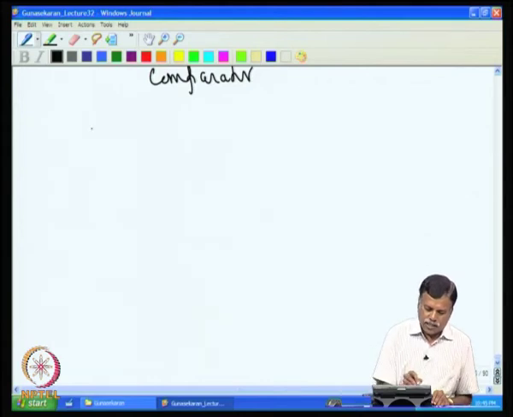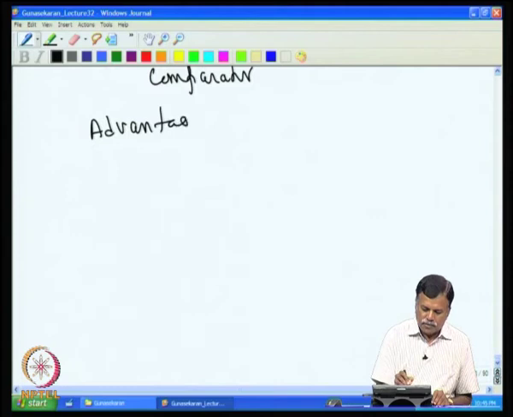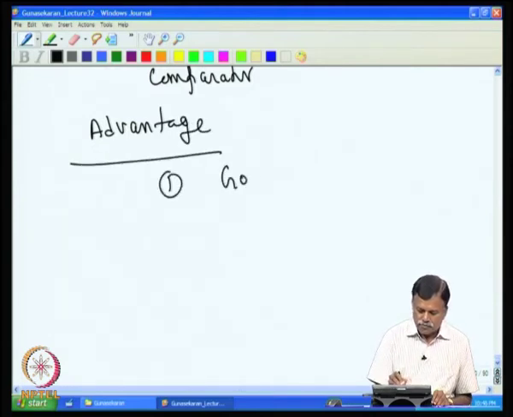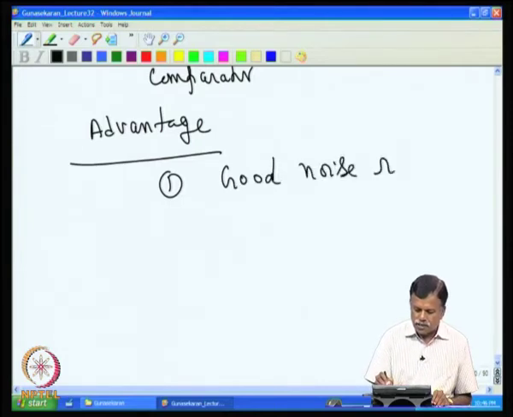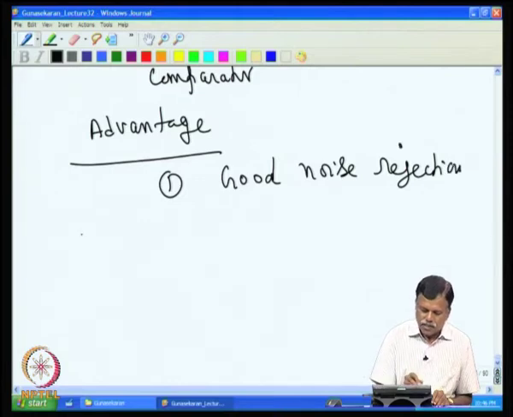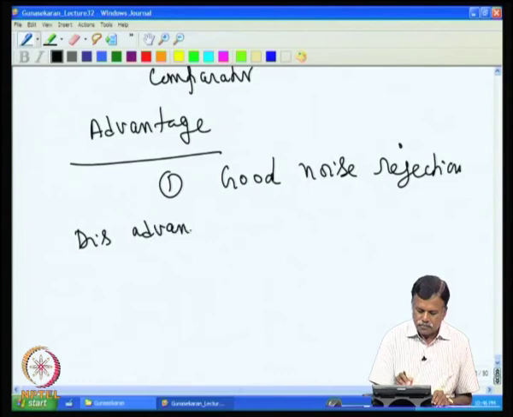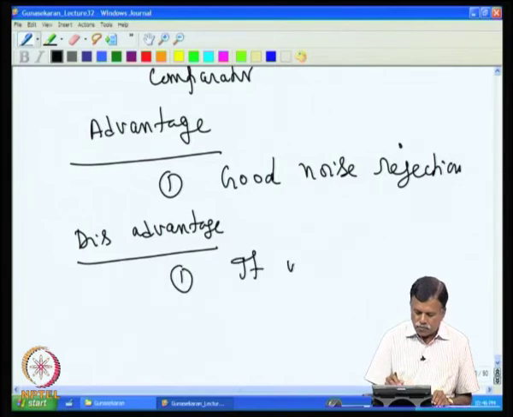If you look at the advantages of the dual slope converter, the main advantage is good noise rejection. The main disadvantage is that it is very slow.